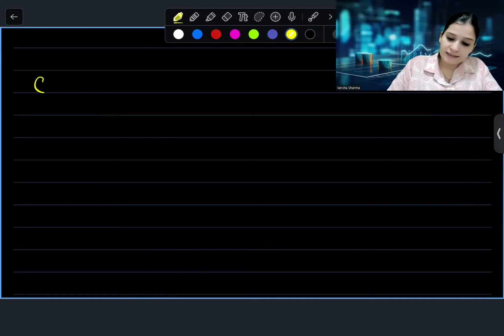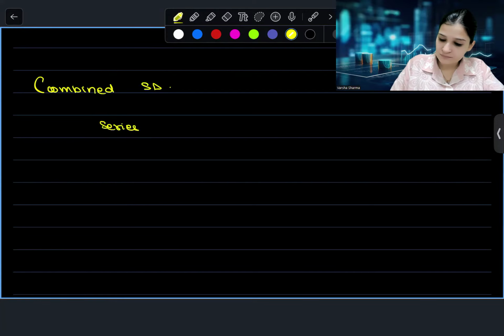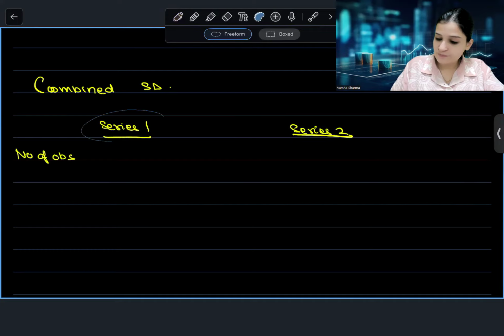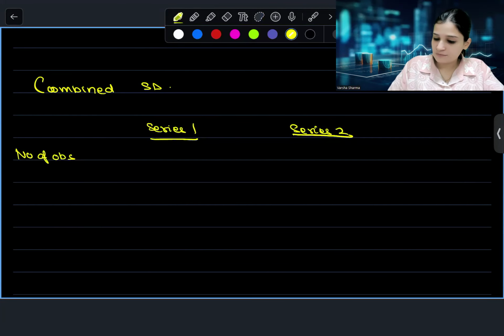Now combined standard deviation. We have two series, series 1 and series 2. We'll be having number of observations, here N1, this is N2.